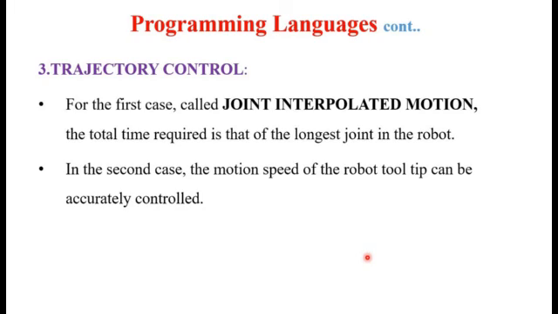That motion is called a joint interpolated motion. And for the second case, the motion speed of the robot tooltip can be accurately controlled. In a straight line motion, this can be controlled very accurately.